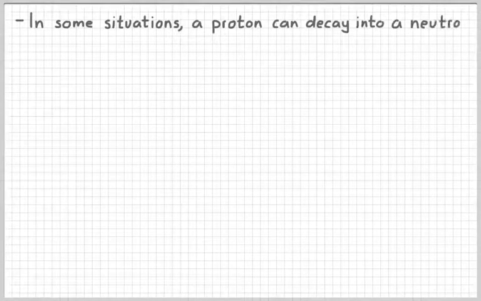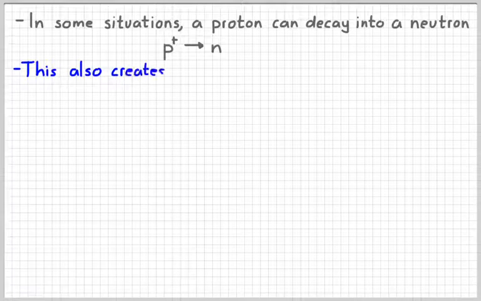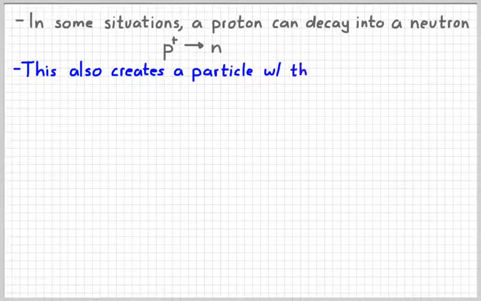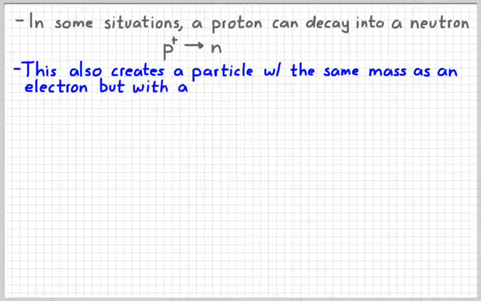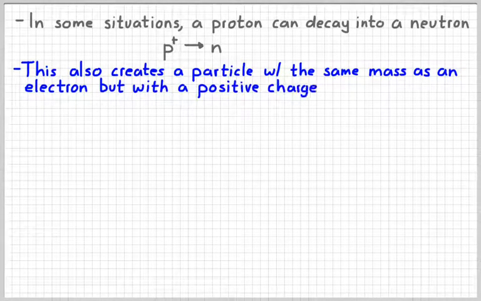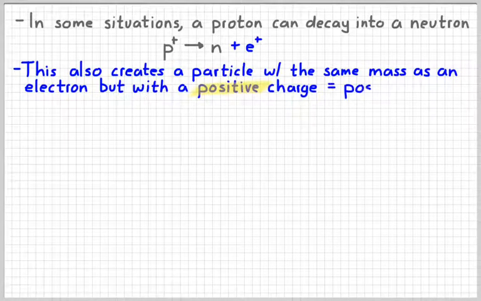Now in some situations, you can have beta decay where a proton decays into a neutron, so kind of like this. And this also creates a particle, but instead of an electron, it's a different kind of particle that has the same mass as an electron and the same charge, but the charge is positive. Keyword being positive. So it would be like a positive electron, which you might give the fancy name positron.